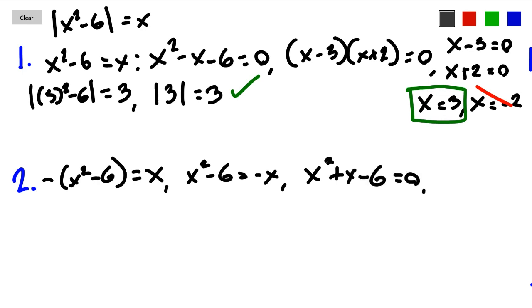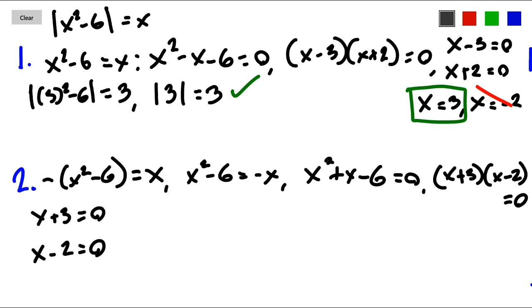So this quadratic equation factors also. I have x plus 3 times x minus 2 is equal to 0 this time. And so I set each of the factors equal to 0. So I have x plus 3 is equal to 0 and x minus 2 is equal to 0. And this produces the answers x is equal to negative 3 and x is equal to 2.